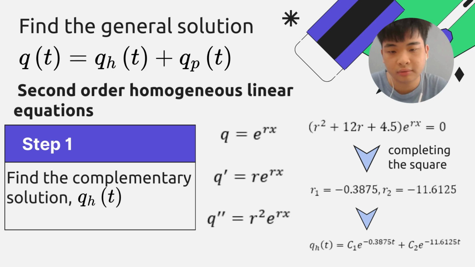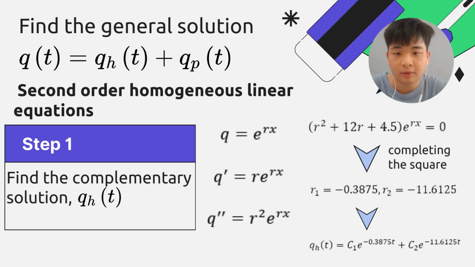After that, we substitute this into the differential equation, and by using the method of completing the square, we find two real and different roots: the first root is negative 0.3875 and the second root is negative 11.6125.